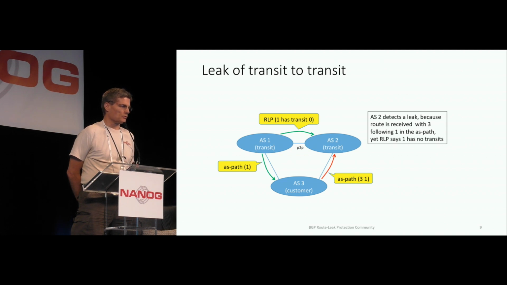It sends it to its other home, and because the route leak protection is passed through between peer ISPs, the receiving ISP can detect that, here we go, AS1 has no transits. It says to AS2, I have no transits, but we got a route from AS1 through AS3, so that's detected as a leak.